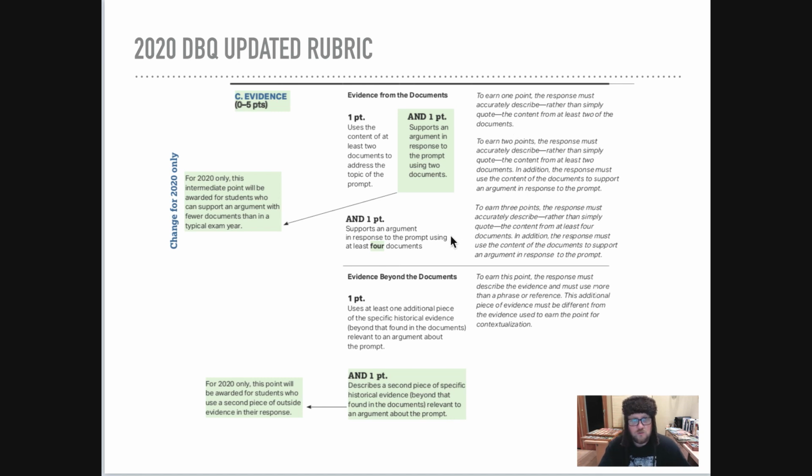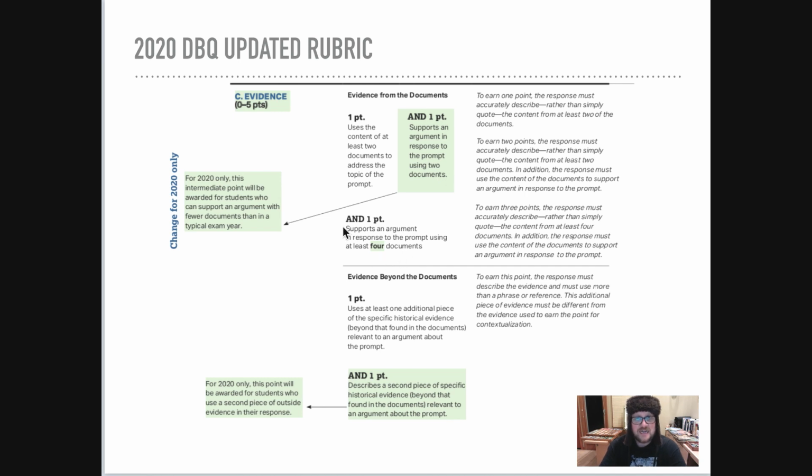Then, to get 2 points for using the documents to support an argument. Okay, here's where it's different. The AP added this one right here: support an argument in response to the prompt using 2 documents. So to get this point, you only need to support your 2020 argument using 2 different documents, rather than the previous arguments of last year.